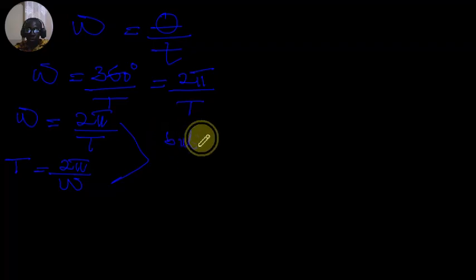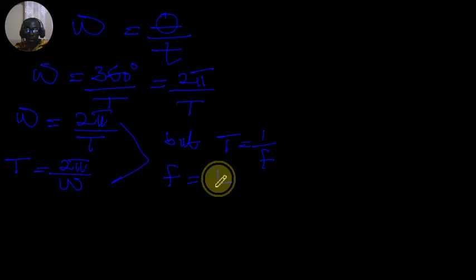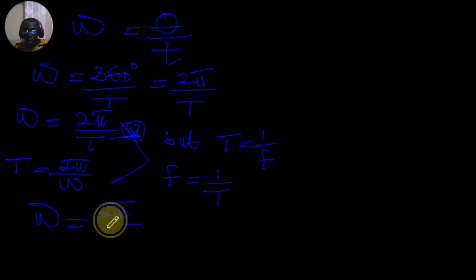But period is 1 over frequency, and frequency itself is 1 over period. So anywhere we see t here in this part, I can replace that with 1 over f. So that gives me omega equals 2 pi divided by 1 over f, and that will be 2 pi times f over 1.